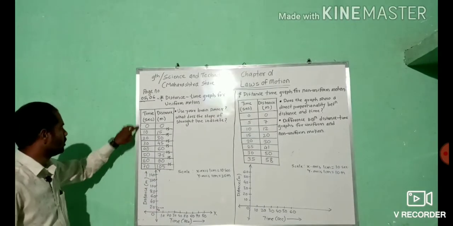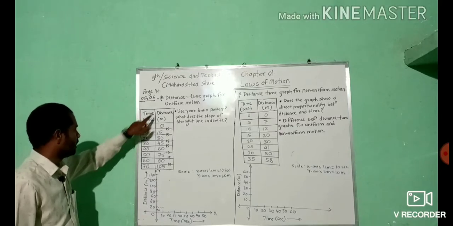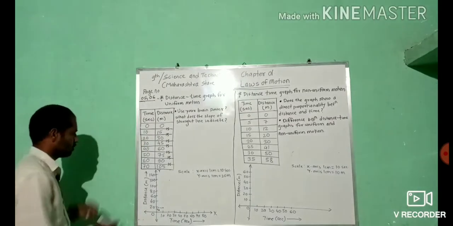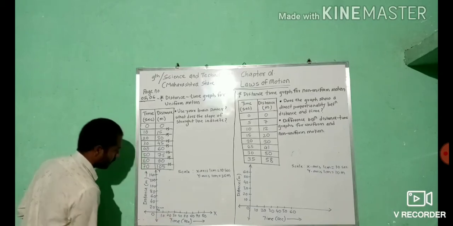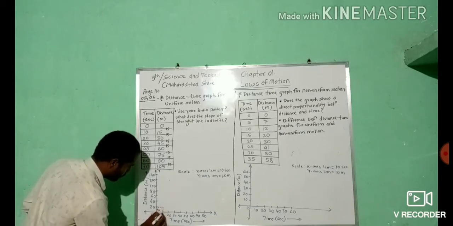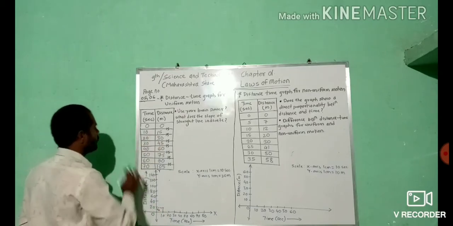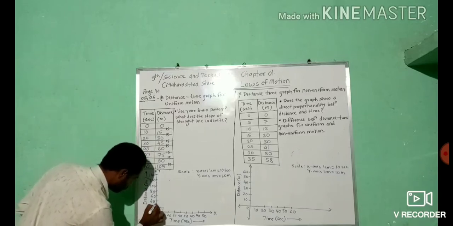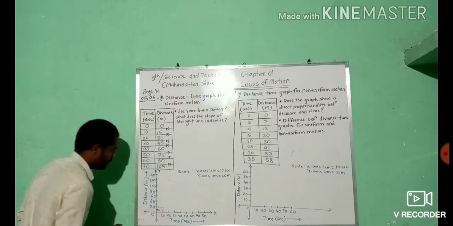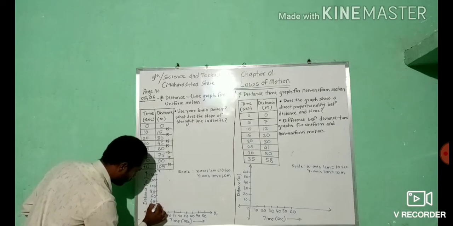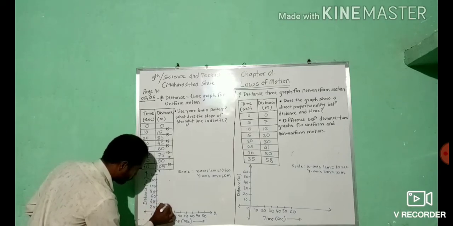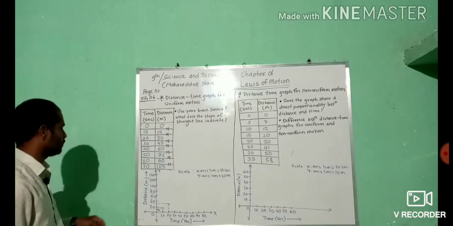Now second, time is 20 seconds and distance is 30 meter. So time is 20 seconds here and distance is 30 meter. 30 lies between 20 and 40, so the point is like this.